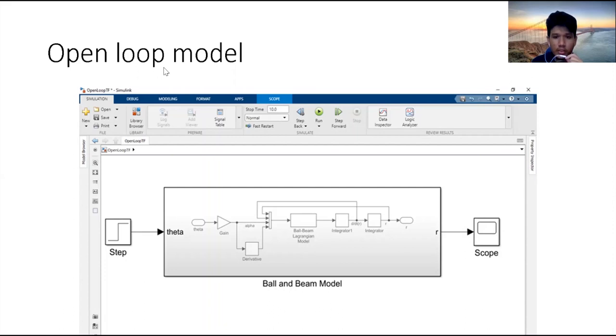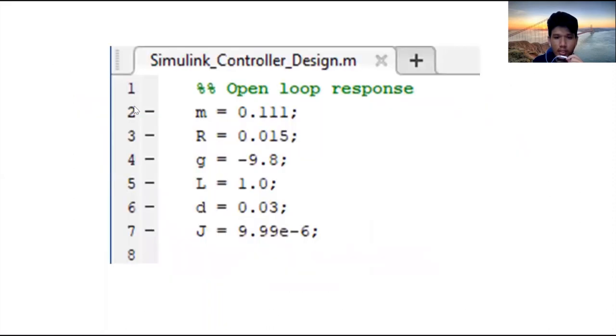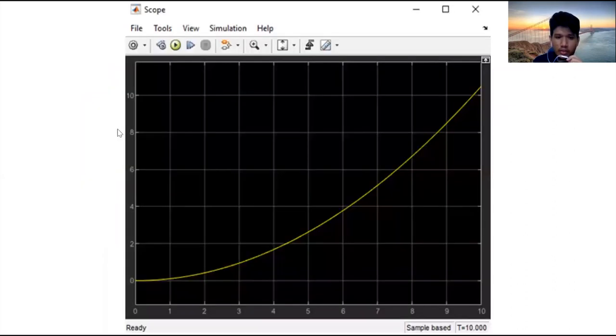Lastly, save as open_loop_tf.slx. So it will become like this. And then we need to run the simulation to obtain the step response. After that, to open the scope block, double click on it and the response will appear.